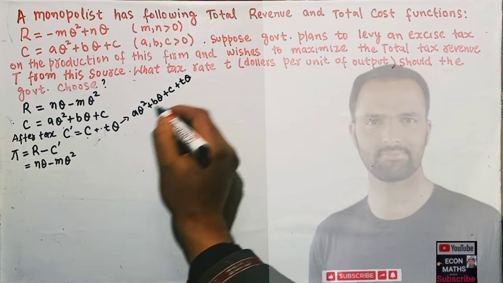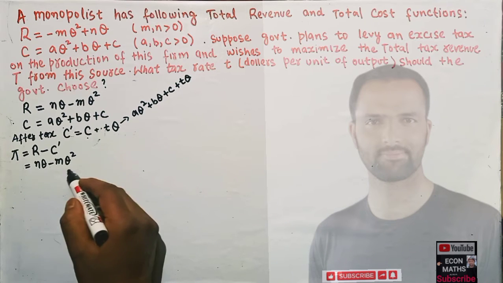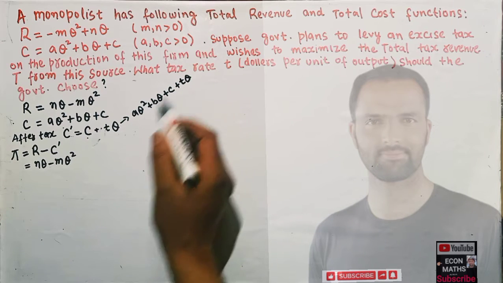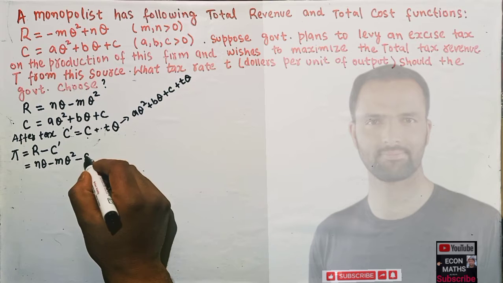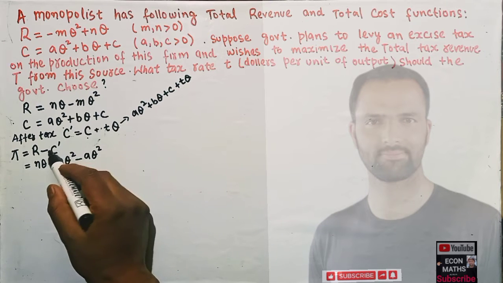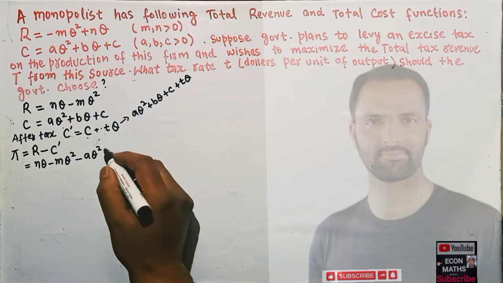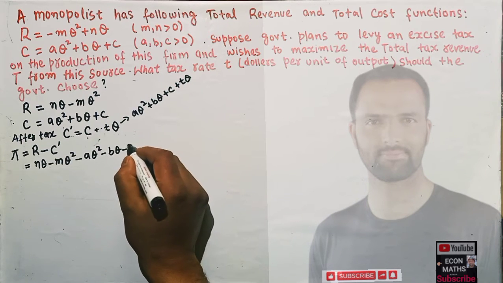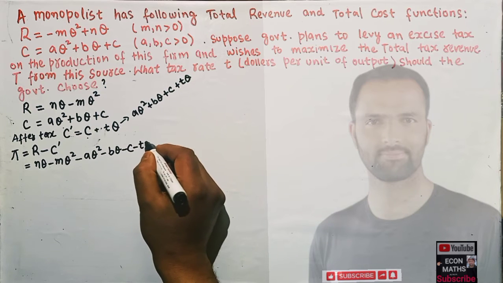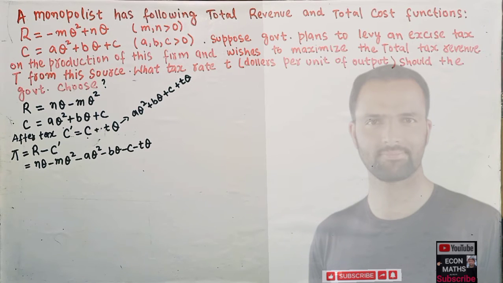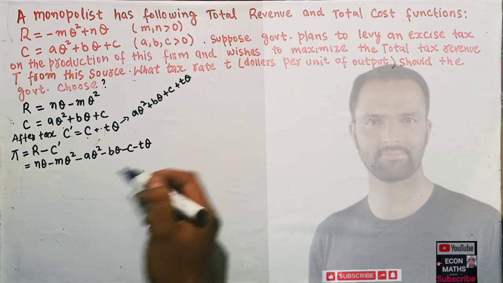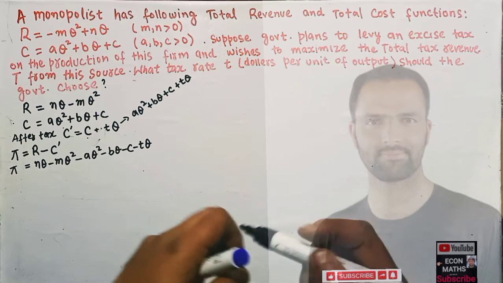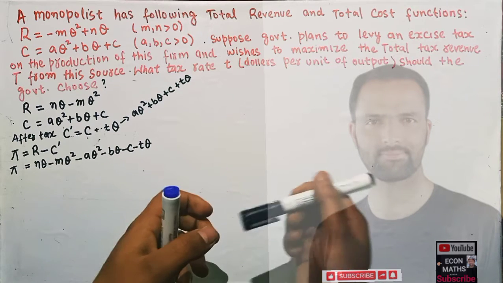This becomes our new cost function. This is our total revenue, and to this we subtract the new cost. So this will become minus aQ², because the minus is multiplied to each of these terms, then minus bQ minus c minus tQ. This is our profit function after the imposition of tax.